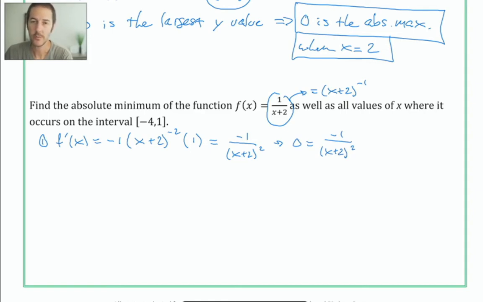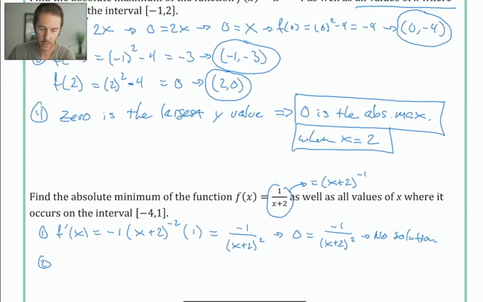Unfortunately, the numerator of this fraction is equal to -1. It's a constant value, so there's no solution to this little equation we're looking at here. All right, no solution. So at least not even on this restricted interval, it appears that for no x value is this function going to have a horizontal tangent line. So there are no relative minimums or maximums.